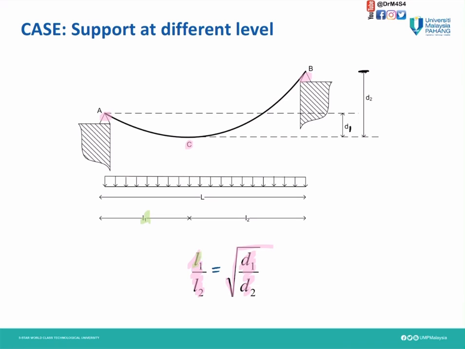L1 divided by L2, so L1 is from support A to the lowest point C, then L2 is from the lowest point to support B. Then D1 is from the lowest point to the lowest support, and D2 is from the lowest point of the cable to the highest support. So we're going to use this relation.